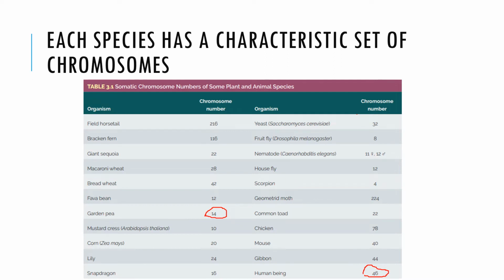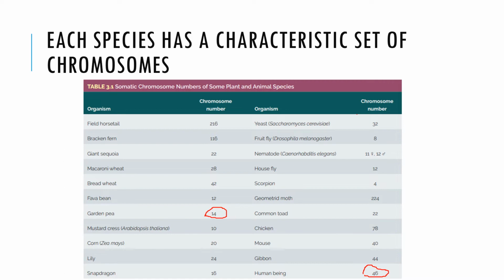Cells with nuclei of this sort containing two similar sets of chromosomes are called diploid. The chromosomes are present in pairs because one chromosome of each pair derives from the maternal parent of the organism and the other from its paternal parent.